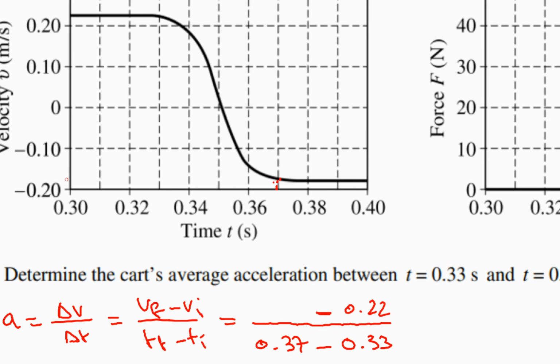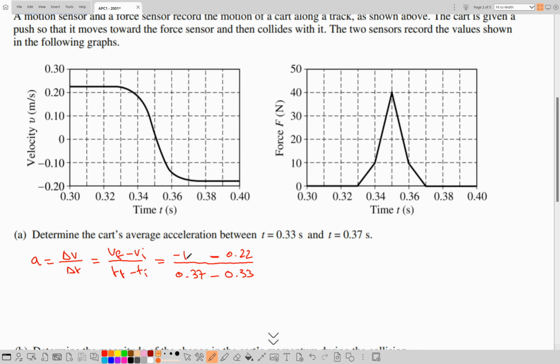Looking up graphically, that would be minus 0.18. Plugging that expression on the calculator, we're going to have a value of minus 10 meter per second square. Then the average acceleration over this duration is minus 10 meter per second square.